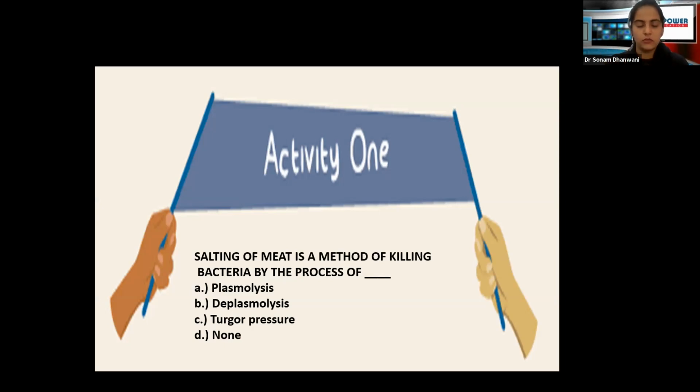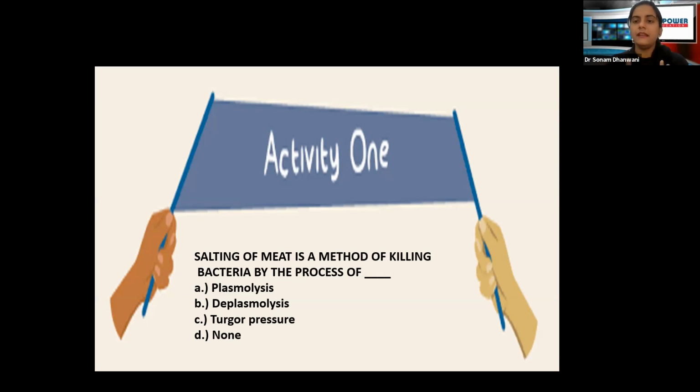We've seen this in hypertonic solutions. What happens is the outside solution is very concentrated. Because of that being so concentrated, and also because of adding a preservative like salt and making the solution more hypertonic, the bacteria and the viruses completely get killed. Okay, so that is why we say that salting of meat is a method of killing the bacteria.